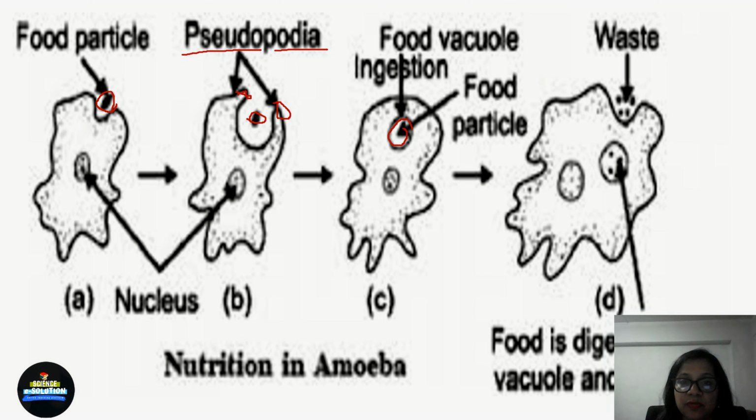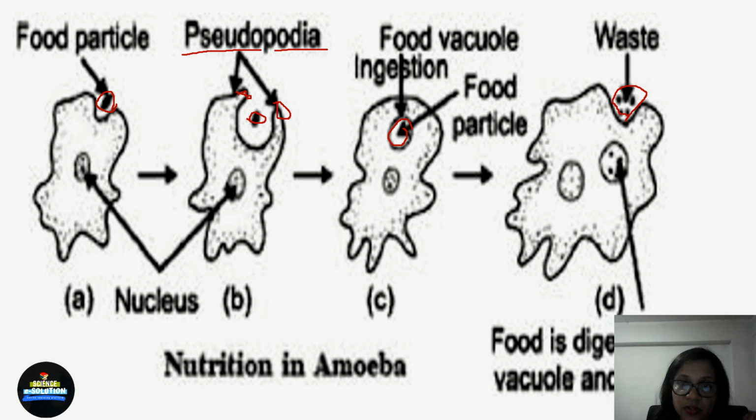Inside this food vacuole, the food particle will be digested, and finally the undigested substances come out in the form of waste material. Again, it changes its shape, it extends its pseudopodia in a different form, and then the waste material is excreted out.